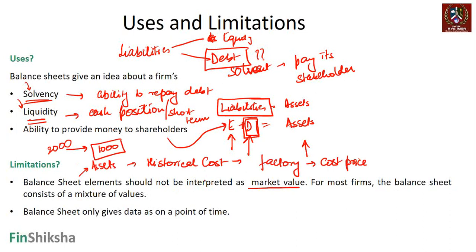In some cases, the balance sheet values are typically known as book values. Now, book values of assets and liabilities may not be equal to the market value. And that's one of the limitations of the balance sheet, because a balance sheet sometimes does not give the picture on what a particular stock should trade at, because all it gives is the equity book value. It does not give the market value. We'll look at this in more detail as we go along, right?